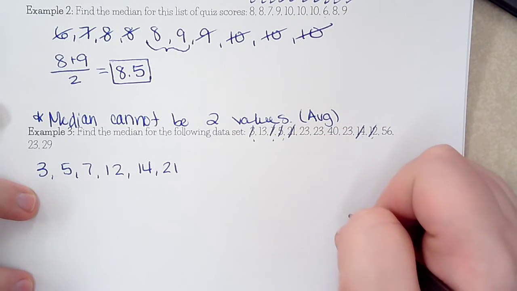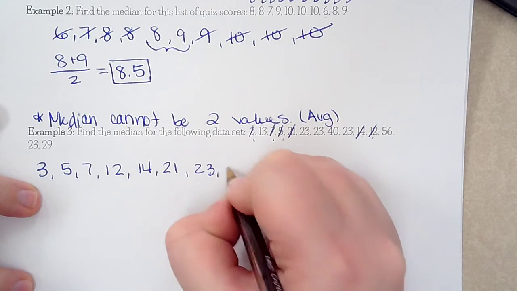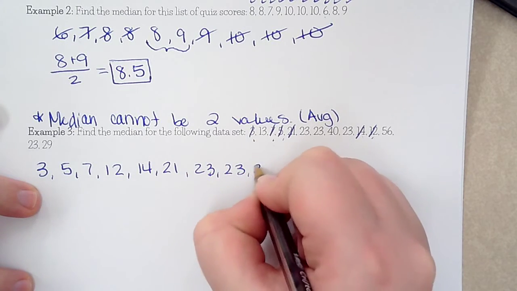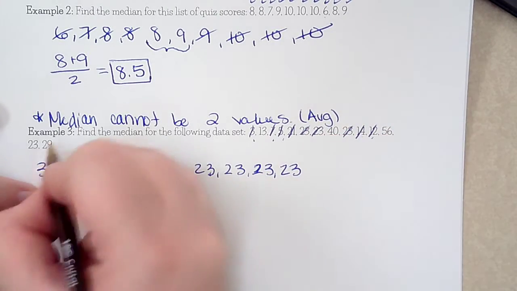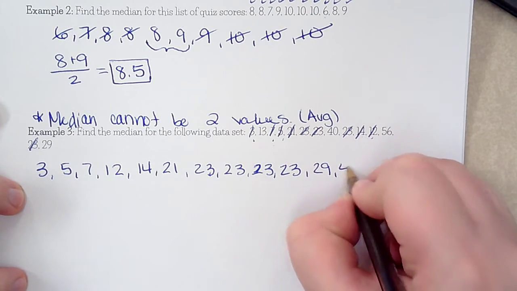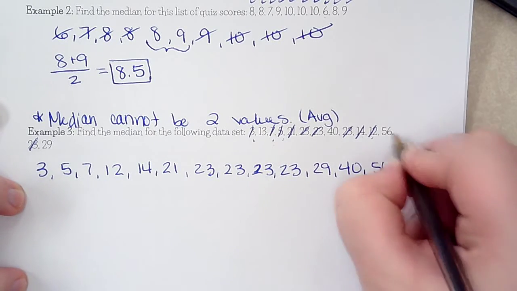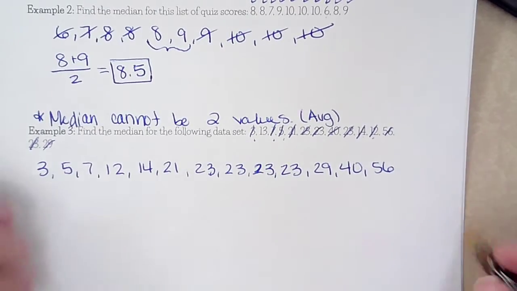My next highest is going to be, I've got 4 23s. 1, 2, 3, 4. My next highest is going to be a 29, and then a 40, and a 56. Perfect. All right, cross them out.